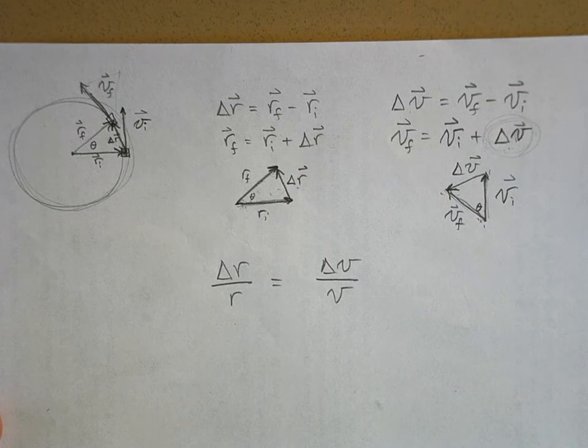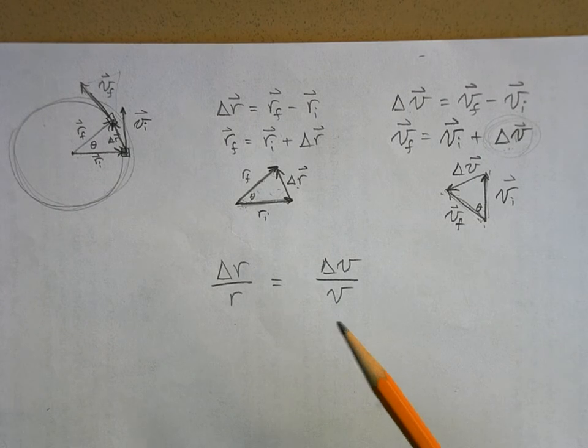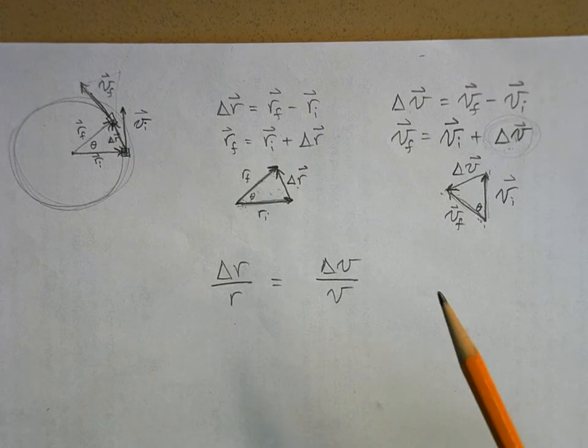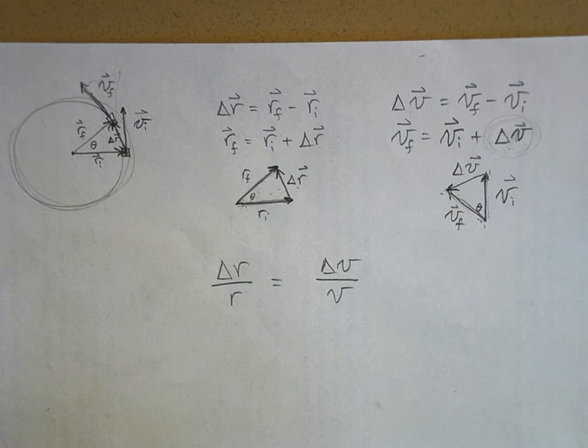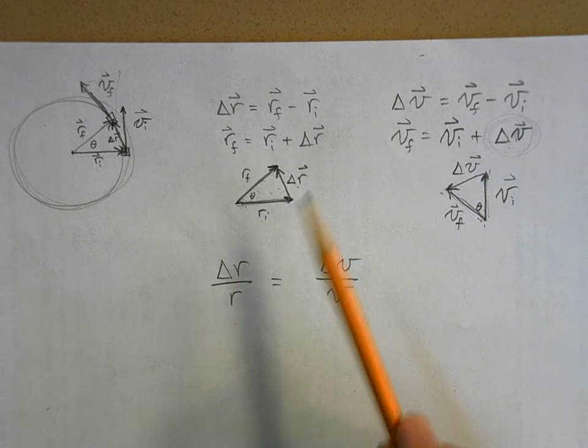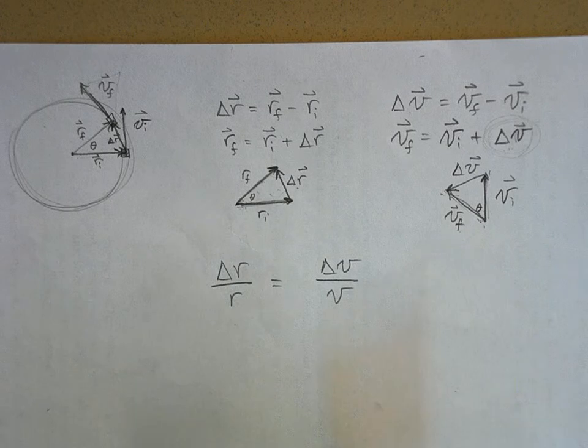This is a proof, and it has been shown in previous proofs that isosceles triangles are proportional. This is to this as this is to this. And you can do any kind of proportion you want and it'll work. But this is the one I want.